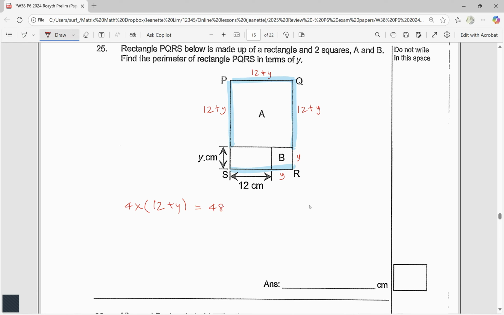That is 48 plus 4y. Then add the two y's. So 48 plus 4y plus y plus y. So 48 plus 6y. Okay, because the cm represents, cm is for the whole thing, so use brackets.